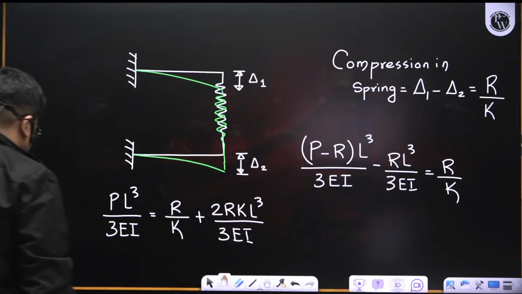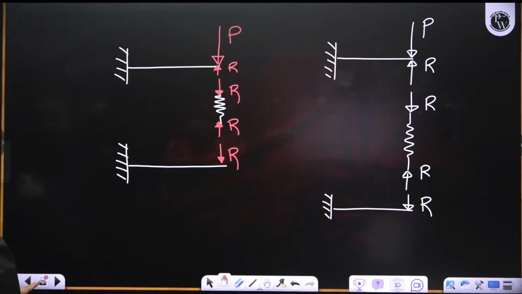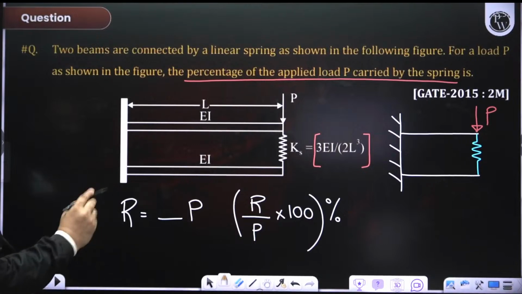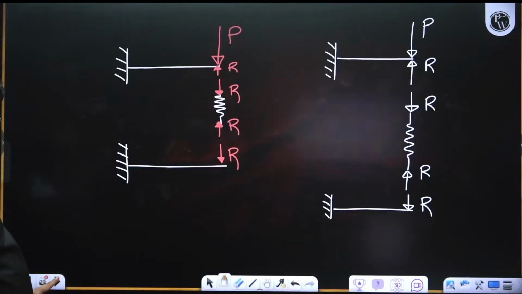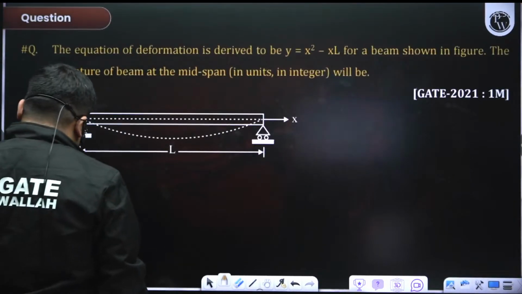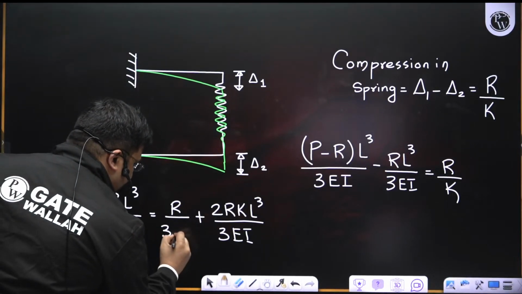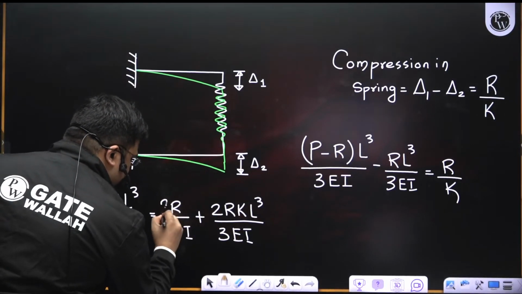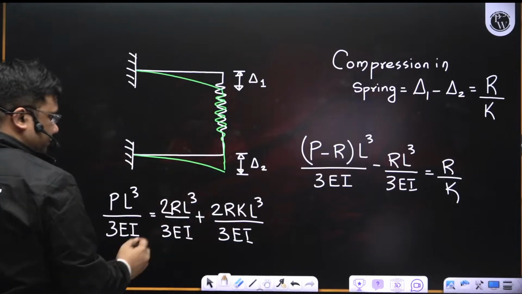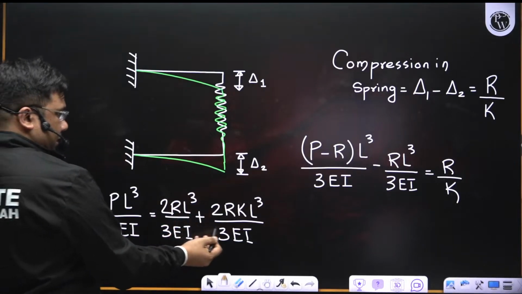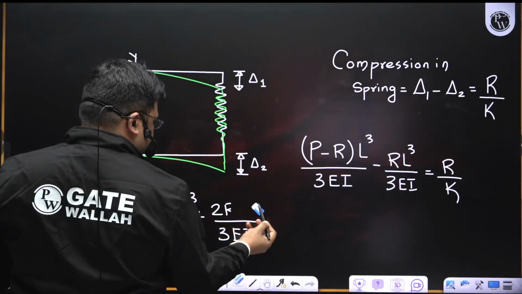Now K is given as 3 EI by L cube. Oh sorry, K is not there, only R L cube is there, sorry.